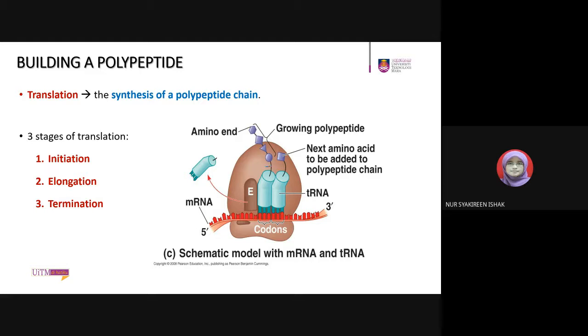It breaks the bond between this tRNA and the polypeptide chain and transfers it to the amino acid here. Now this tRNA in the P site is free. This tRNA will enter into the E site and then exit keluar.